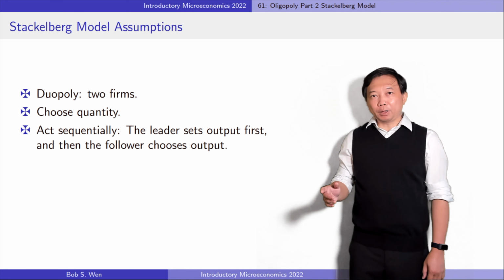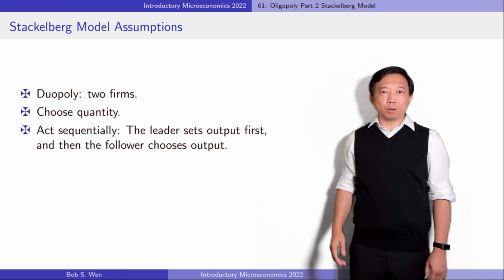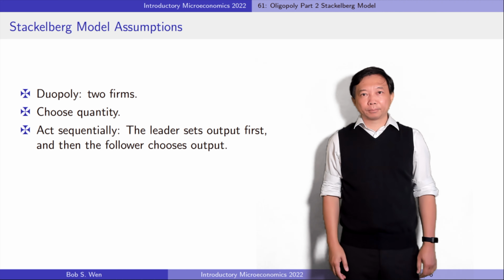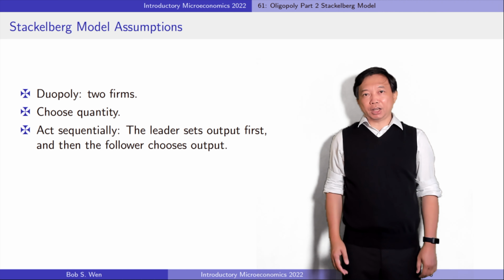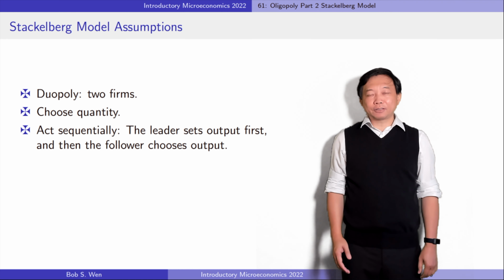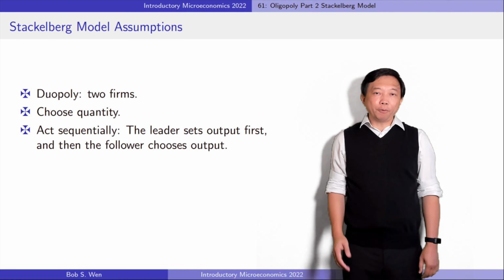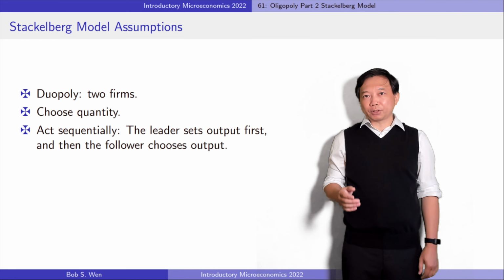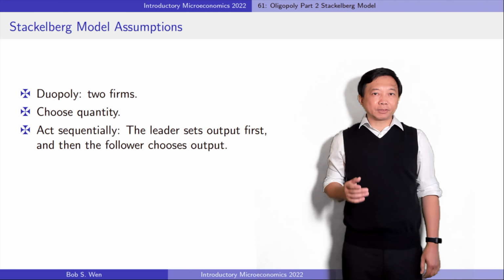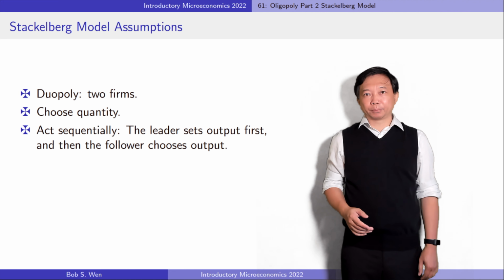Third, one firm chooses its quantity of output before the other. The firm that acts first is called a leader. The firm that acts later is called a follower. The follower observes the leader's output level and then decides its own output level.